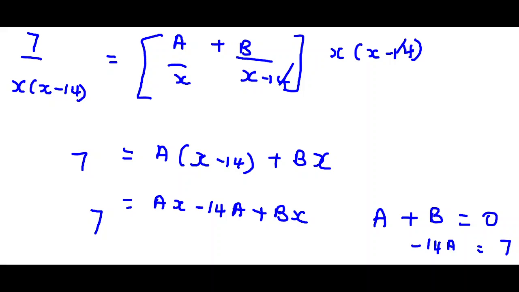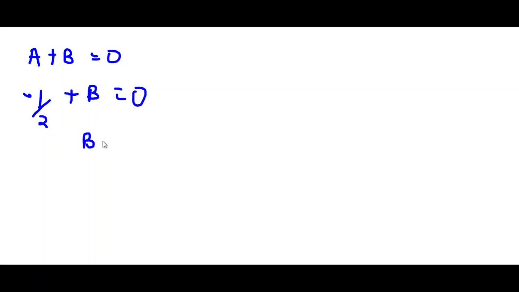So let's go on. We saw that a plus b equals to 0, and the value of a is negative a half. So negative a half plus b equals to 0, making our b a half.